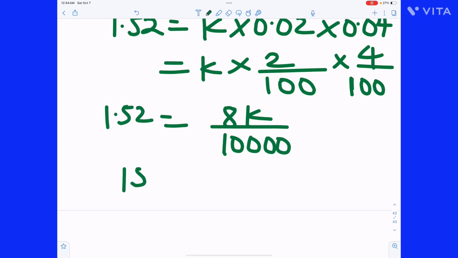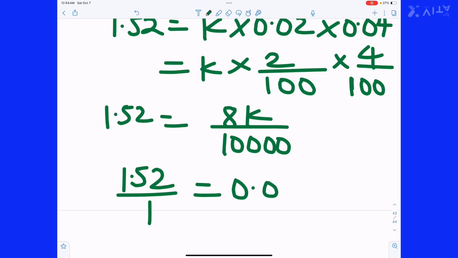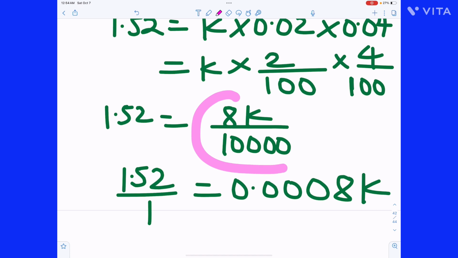I'm just assuming you don't need to use your calculator as much as possible. So 8 over 10,000 will give you 0.0008, and if you multiply it by k, it becomes 0.0008k.